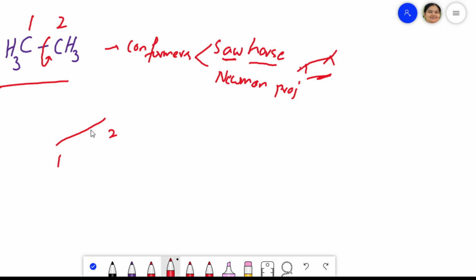Lower part is the front carbon, upper part is the back carbon. On the front carbon you have three groups, three hydrogens, that I will also represent. This is hydrogen, and hydrogen, and hydrogen. The back carbon's hydrogens I will also represent like this.